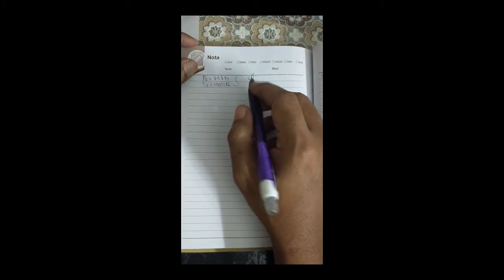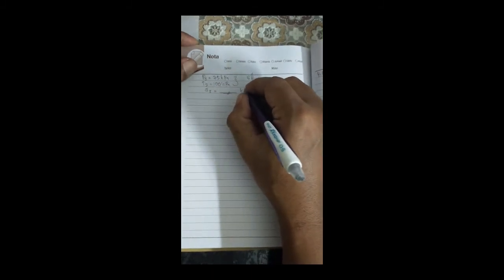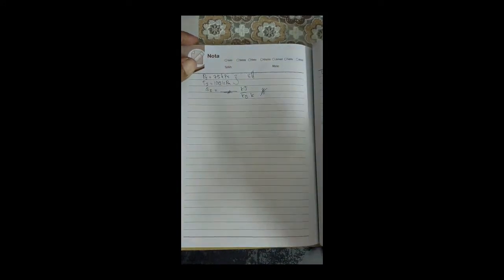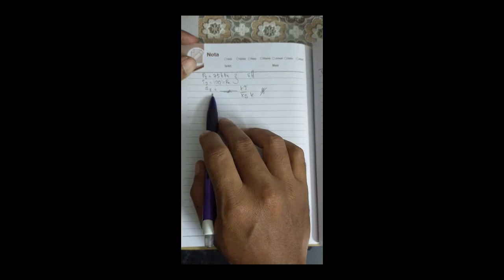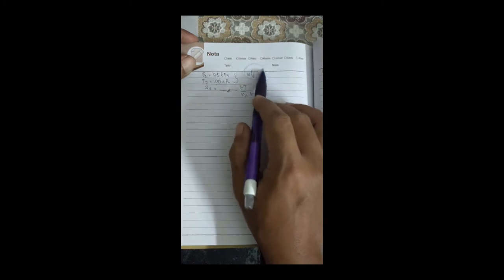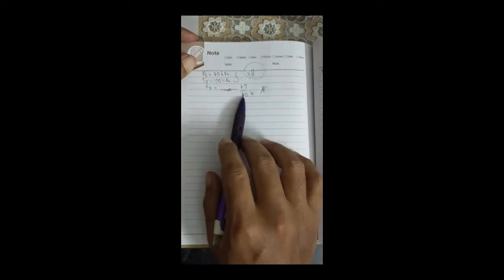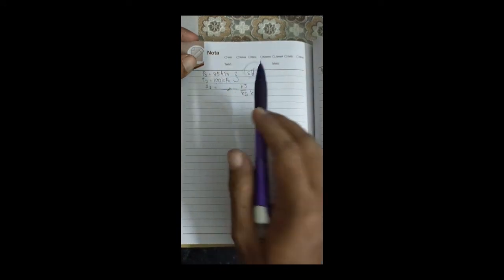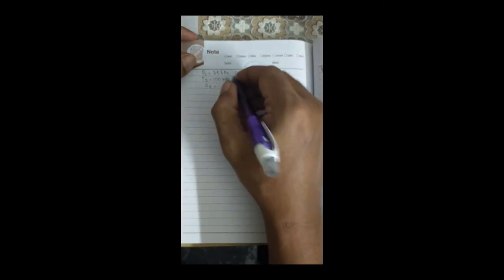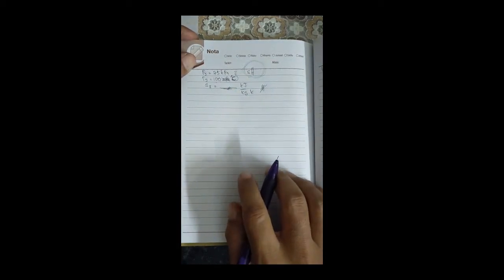Directly from the tables, you can know your S3 in kilojoules per kg K. Check whether it's true or wrong: you need to recheck whether it's superheated or in the mixture, by interpolating if you don't have the exact value at 100 degrees Celsius.